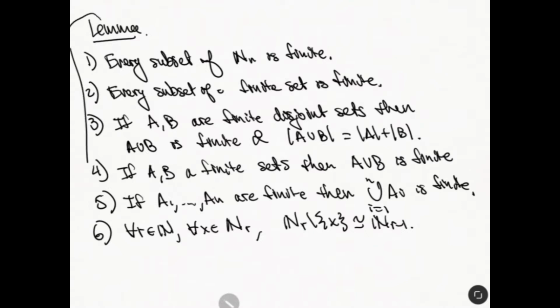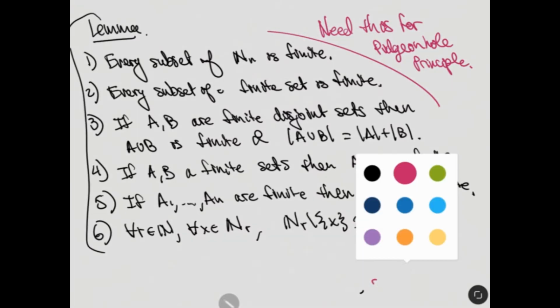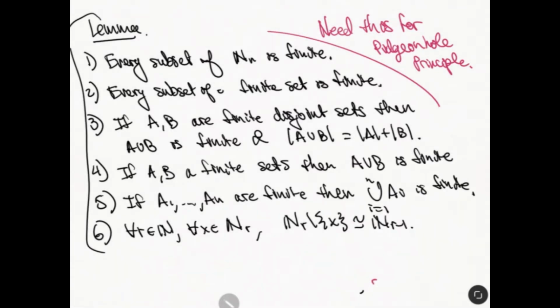Okay, so these are the things we need to prove. And so why are we doing all this? We need this for the pigeonhole principle, and this is what I said, that this was the boring part, the dirty work of playing with cardinality.